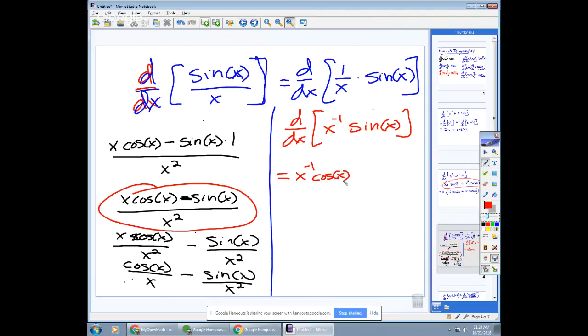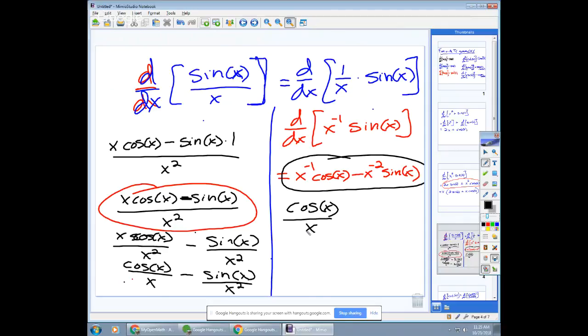Then I take the derivative of this guy, which would be negative x to the negative 2 sine of x. So that's one version of the answer over here. If those negative exponents are bugging anybody, then you would have to rewrite that as the cosine of x over x minus the sine of x over x squared. Does that look familiar?